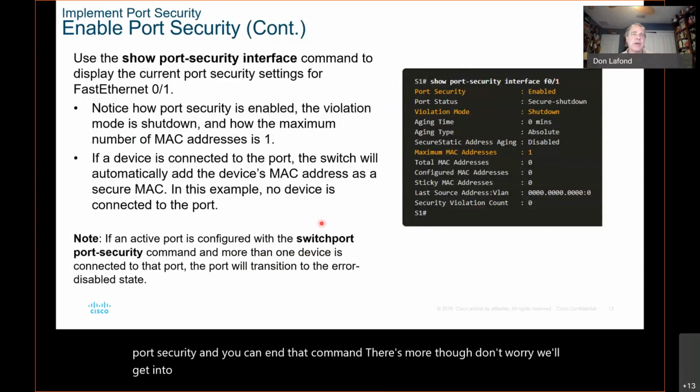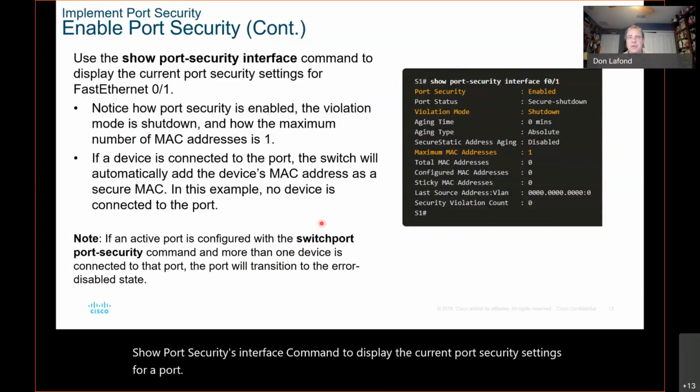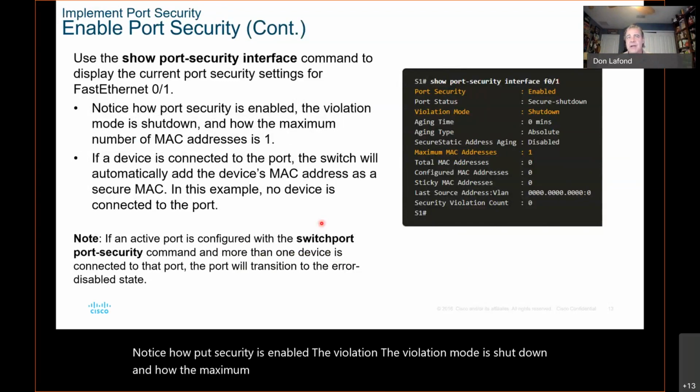You can use the show port-security interface command to display the current port security settings for a port. Notice how port security is enabled, the violation mode is shutdown, and the maximum number of MAC addresses is 1. That is configurable though.